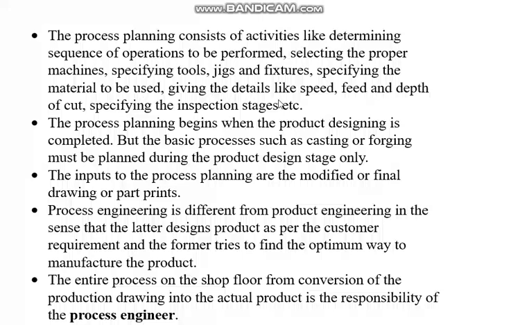And giving the details like speed, feed, depth of cut, and specifying the inspection stages: at what stage you should inspect it, where you should measure with the help of your measuring instruments. All these are the various activities which come under process engineering.